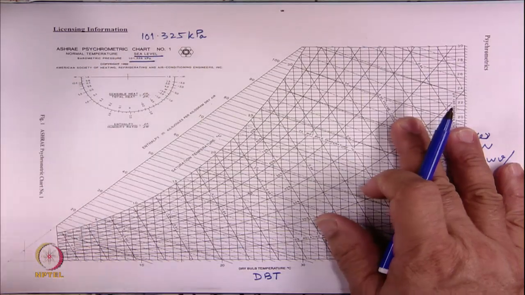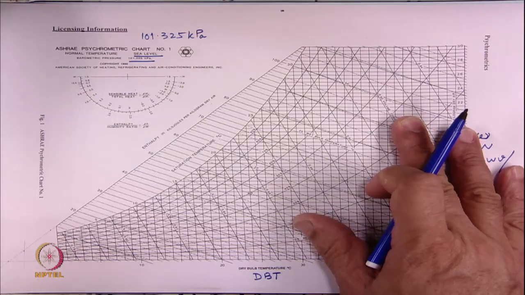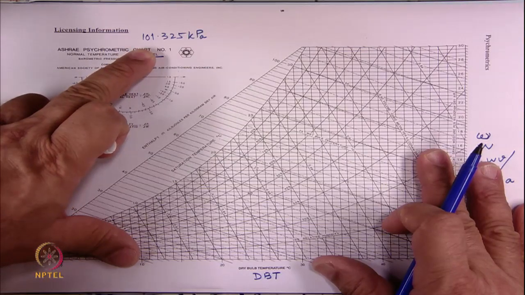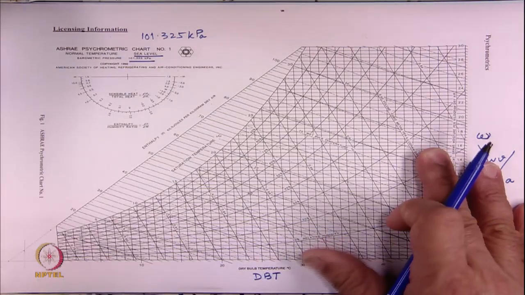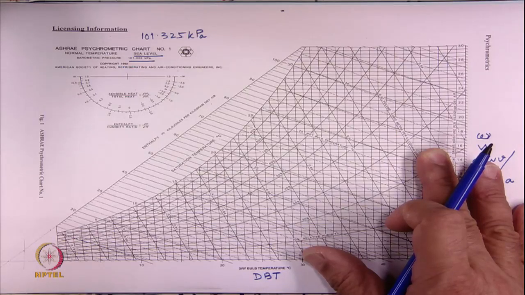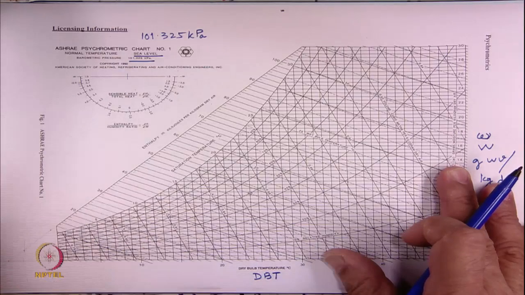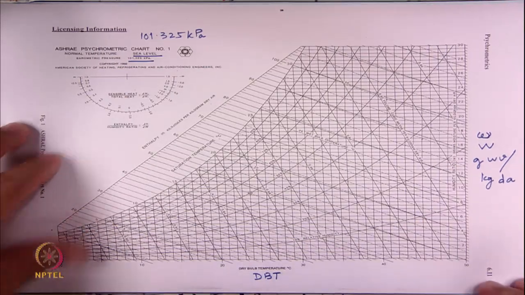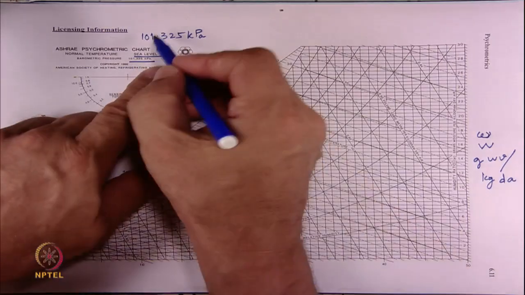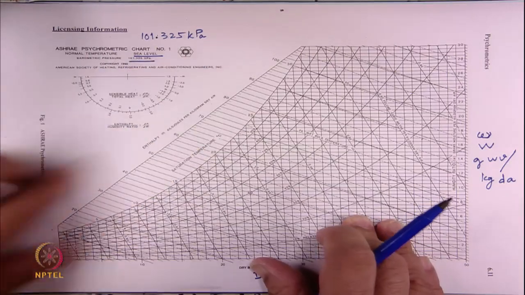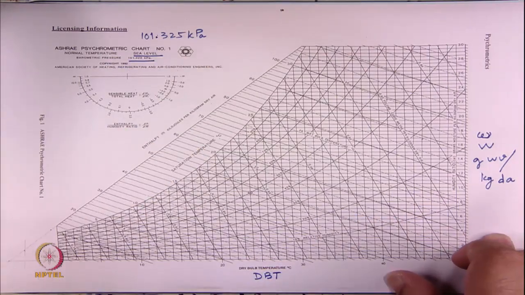If there is a small plus or minus 5-10% change, it is not going to make too much of a difference. But if it is going down to 50 kilopascals or 30 kilopascals, or maybe 10, or up to 500 kilopascals, which is compressed air, then we would have to worry a little more in using this particular chart for getting those properties. This is for 101.325 kPa, which is good enough for almost all practical applications in air conditioning and many industrial applications as well.